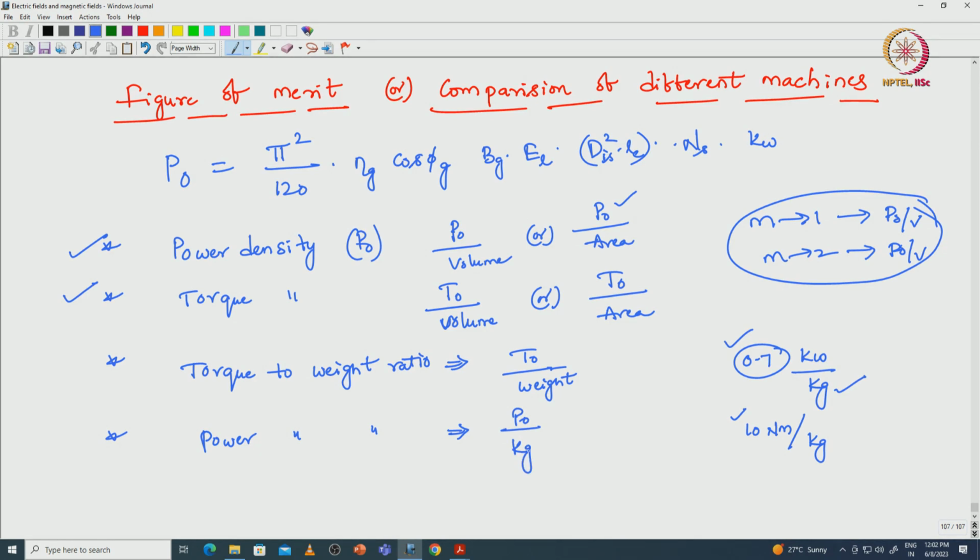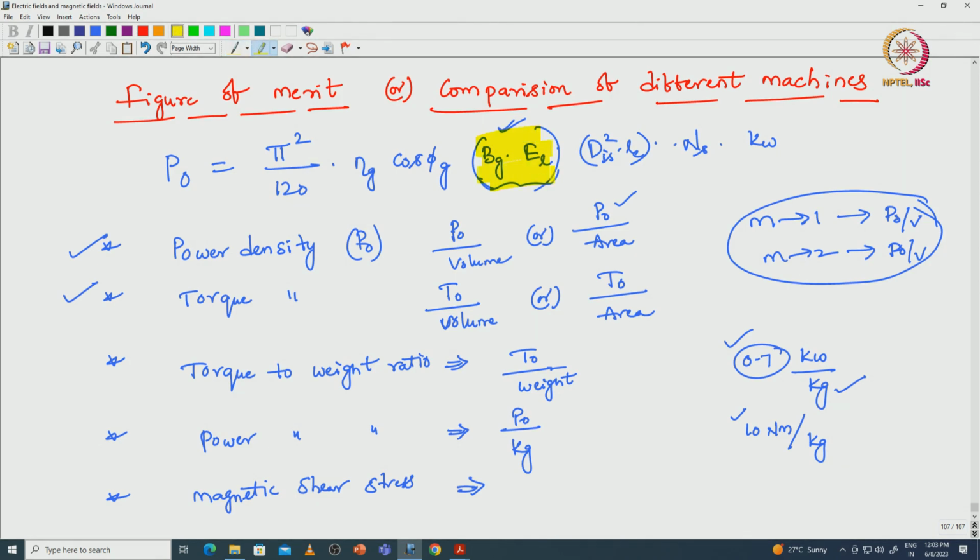And finally, magnetic shear stress. The output power as well as torque depends upon the magnetic loading as well as electric loading. In this equation we can see the magnetic loading as well as electric loading.